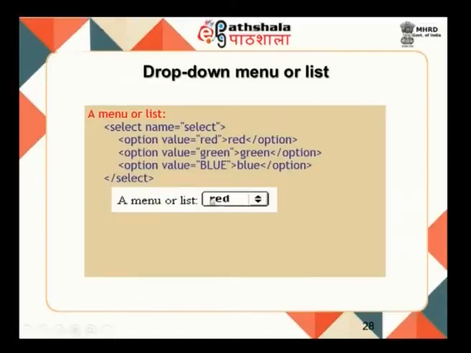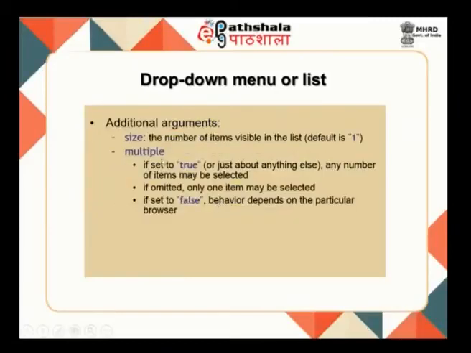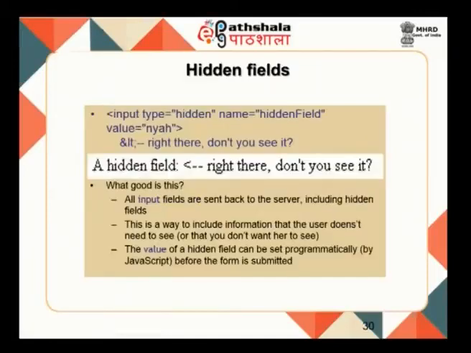If you want to display more than one value, you can make use of the size attribute, and there is another attribute called multiple. If set to true, then any number of items can be selected. If you omit it, then by default only one item can be selected. If set to false, then it depends upon the browser.